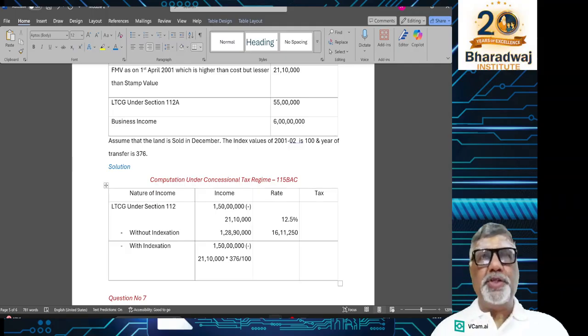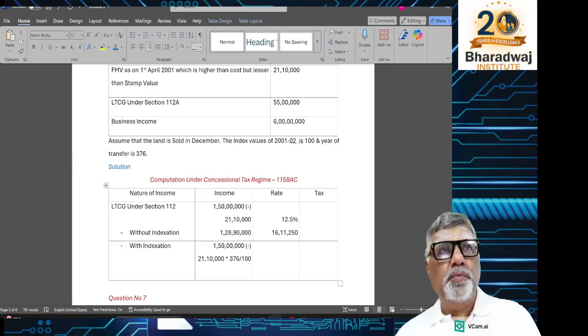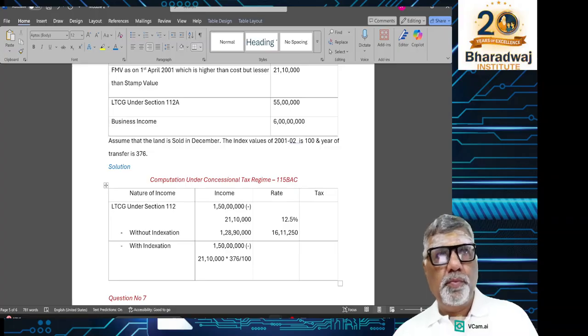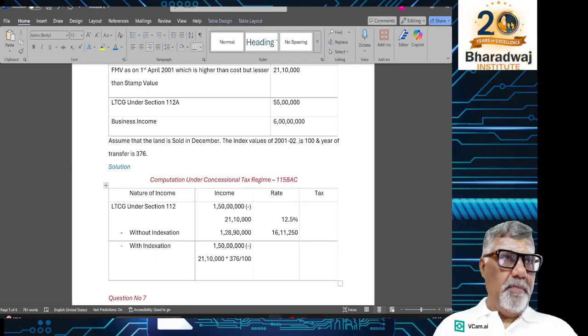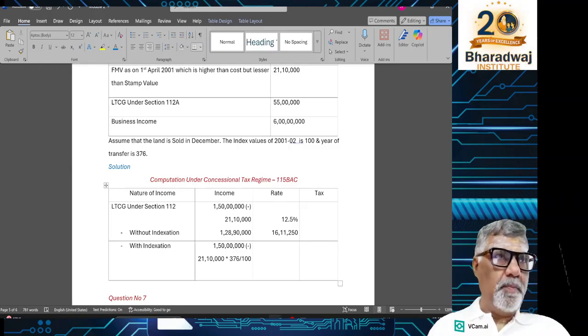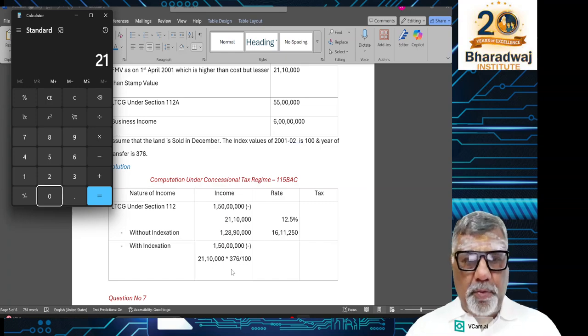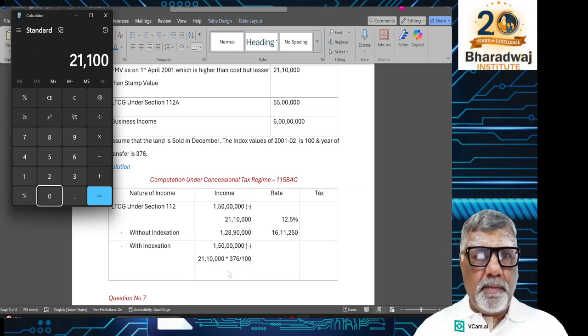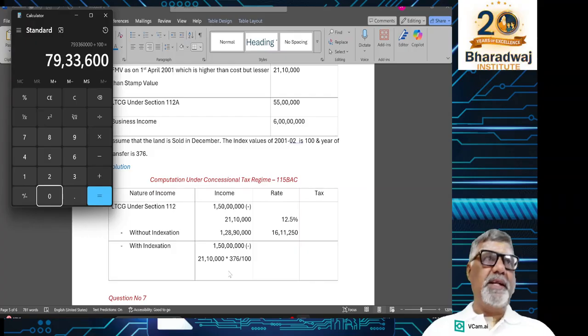You're saying 21 lakh 10,000 into 376 by 100 is coming to 79 lakh.